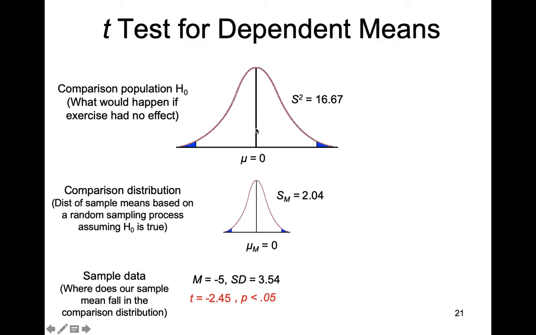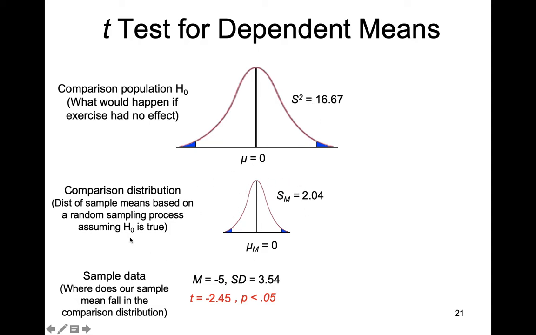Just randomly, some people might report a little more depression, some less, but most people, if the exercise has no effect, should be fairly consistent from time 1 to time 2. So on average, no change. And we figured out that the variance of those scores should be 16.67.